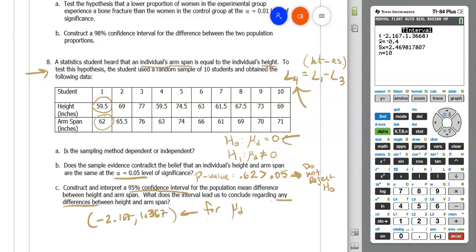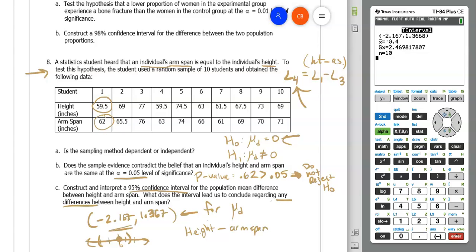Now this mean difference that we have, it's straddling 0. You notice it's going from negative 2 point something up until 1.3. And so the value of 0 is in that interval. Basically, we're doing here the difference as height minus the arm span.